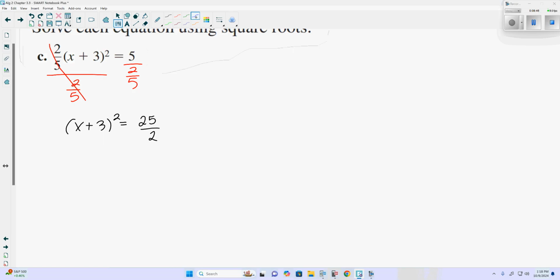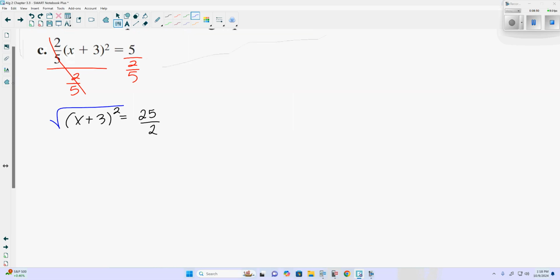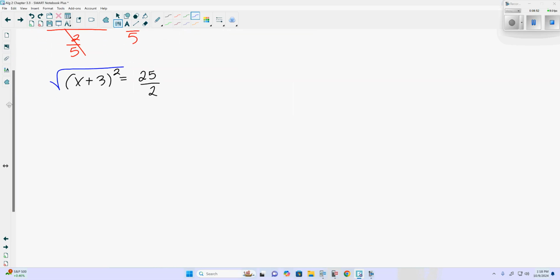Because at this point, we can take the square root of both sides, because if I take the square root of x plus 3 squared, the square root and square will cancel. Now, if we had something added to the outside of it, if it was x plus 3 squared and then say I had plus 2, we would have to move the plus 2 since it's outside of the parentheses.